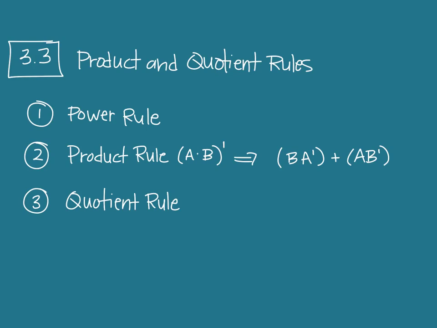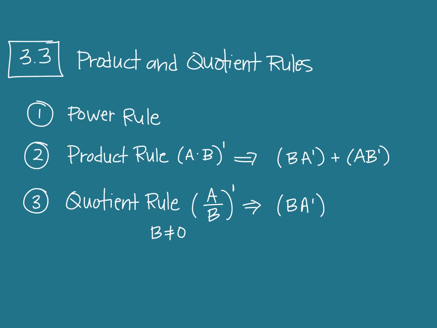The quotient rule: if you have the fraction A over B, assuming that B does not equal 0, of course, because you can't have that. If you're trying to do a prime on that, and you want to find the derivative of that, that also starts with B A prime.